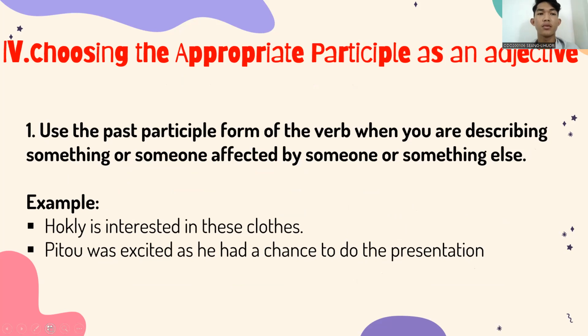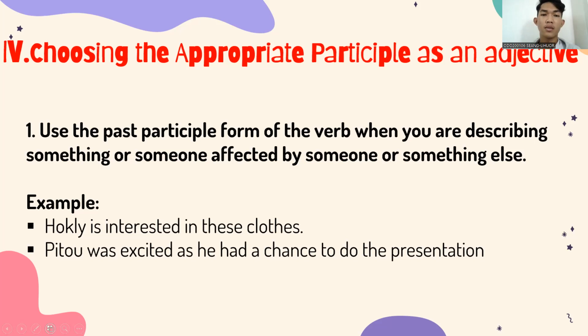My point is about choosing the appropriate participle as an adjective. As you know, participles have two types: the present participle and the past participle. About number one, we talk about the past participle. What is the past participle used as an adjective?